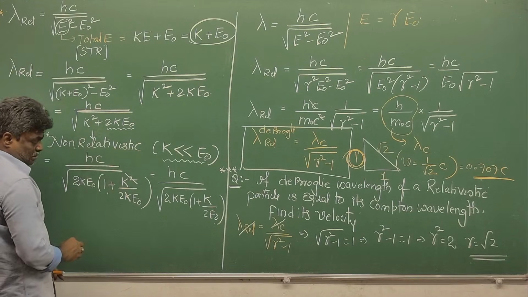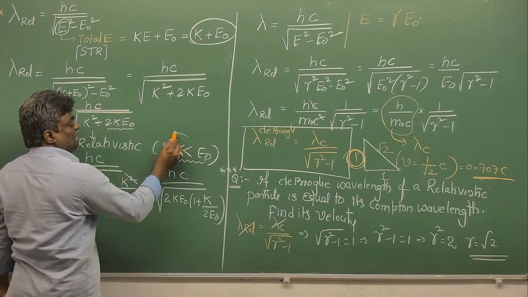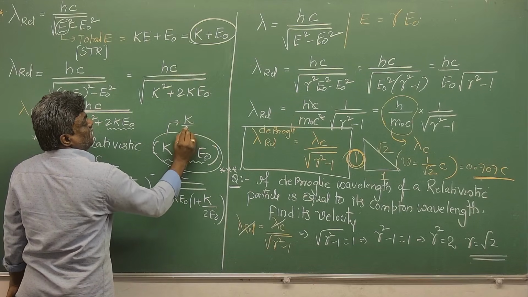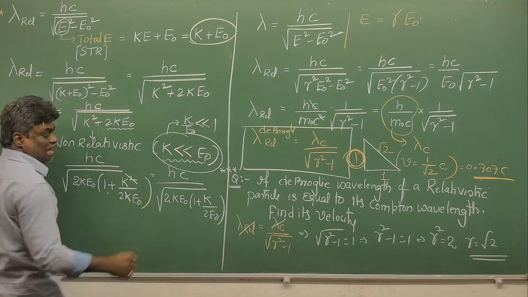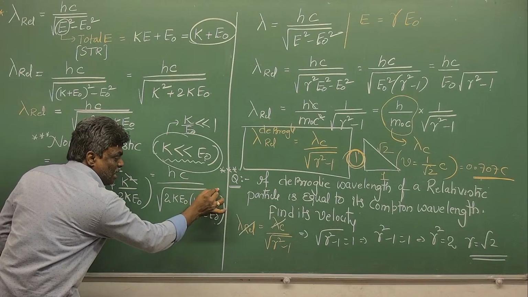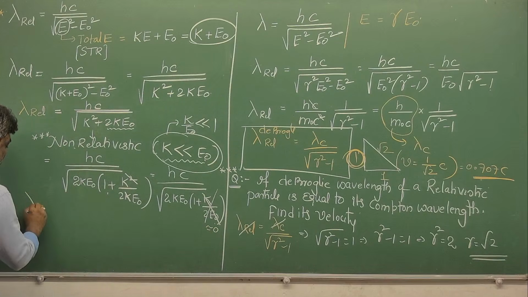Which case? Non-relativistic case. K is very much less than E naught. That's why K by E naught is very much less than 1. If it is very much less than 1, shall I neglect K by E naught? Nearly equal to zero. That's it.